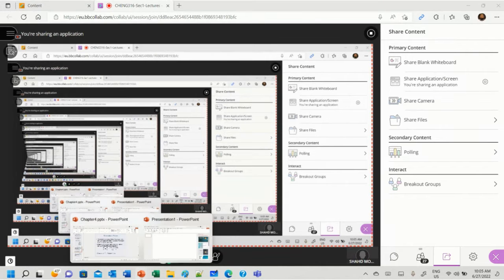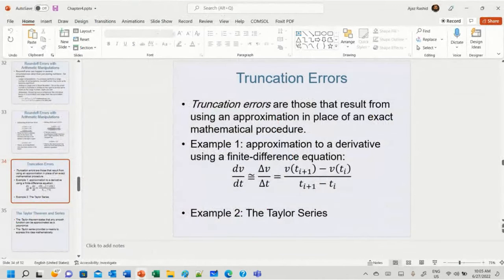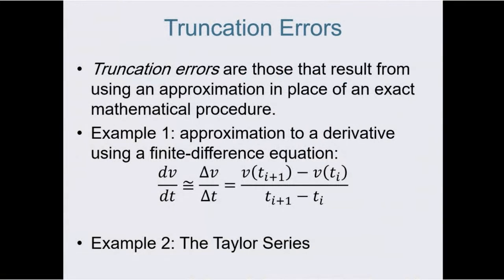We'll continue now to the next type of errors, which are the truncation errors. Truncation errors occur when we use an approximation instead of an actual exact mathematical procedure. One example is when we use the finite difference equation to approximate a derivative.